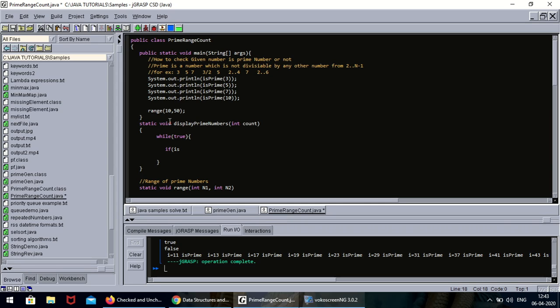If isPrime(i) equal to true, then System.out.printf, i equal to, or percentage d is prime number, comma i. Here, let's press i.